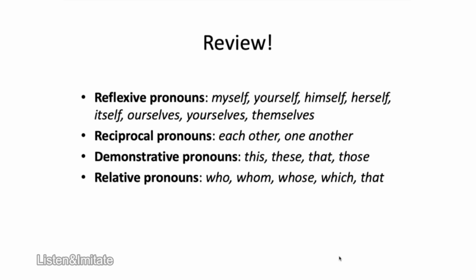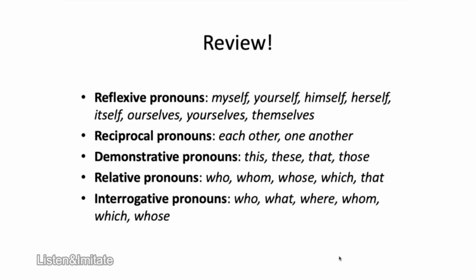We use the relative pronouns who and whom for people, whose for ownership, which for things, and that for people or things. That is more commonly used for things than which.